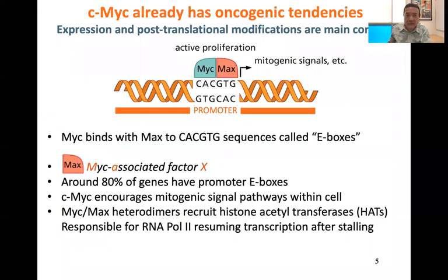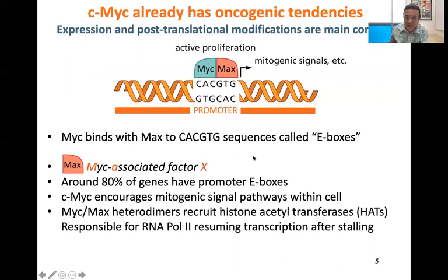So let's look at what MYC does. MYC binds directly to DNA as a partner in a dimer with another related protein. For example, in this illustration here, MYC is partnering up with MAX. MAX, you can see down here, stands for MYC-associated factor X. And MYC and MAX as a dimer recognize this particular DNA sequence that's often found in the promoters of genes.